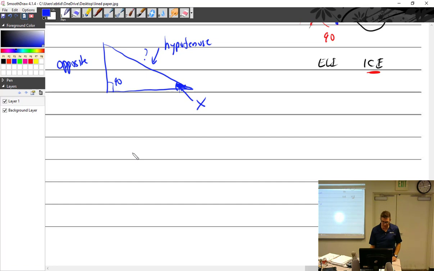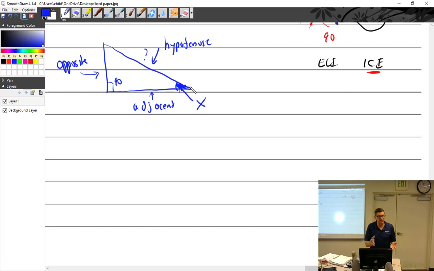And this side right here is the adjacent. Adjacent means next to. So we have three sides now: the opposite, the hypotenuse, and the adjacent. Everybody good? Making it simple, right?